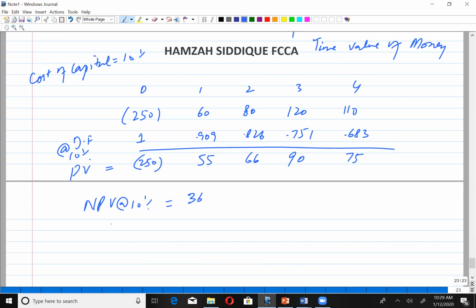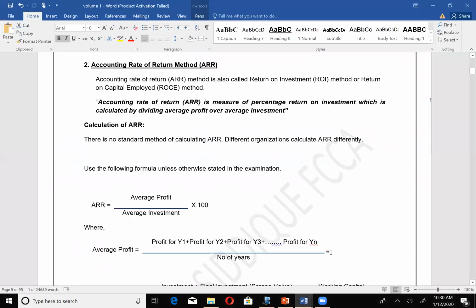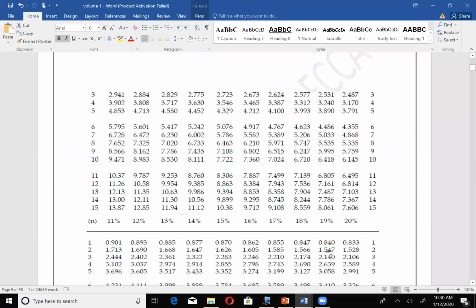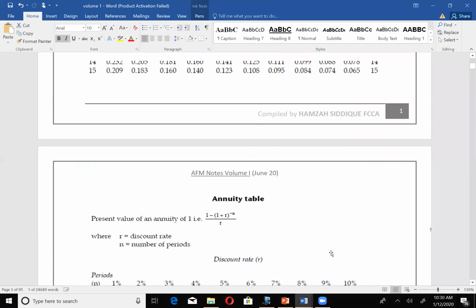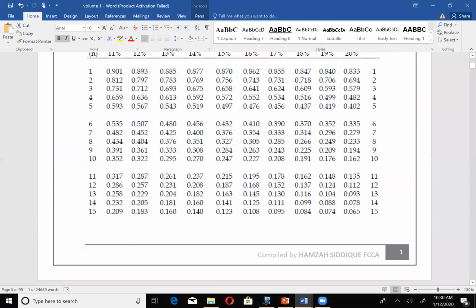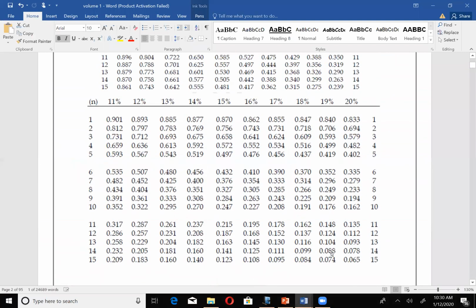Now students, we have to calculate another NPV, at, for example, 15%. So we have to apply discount factors at 15%. Discount factors are given. They will be provided to you in the exam formula sheet. Just like that, 15%.